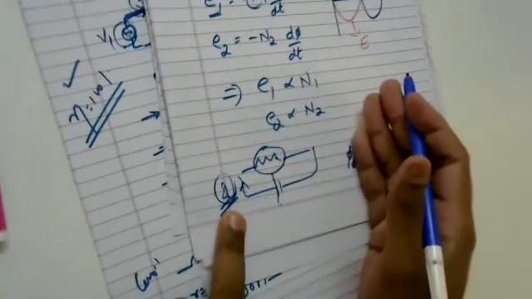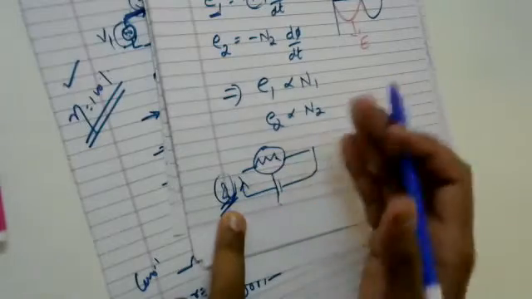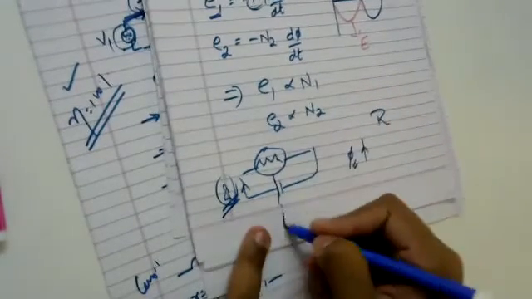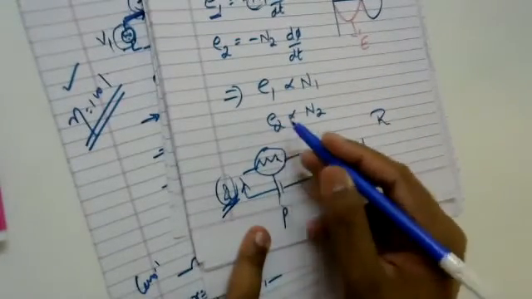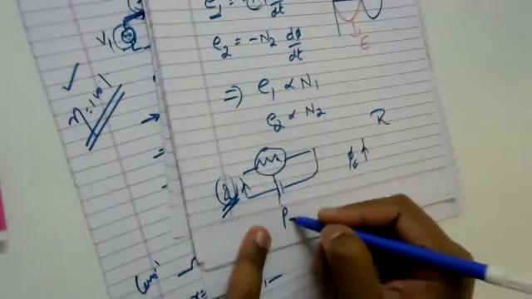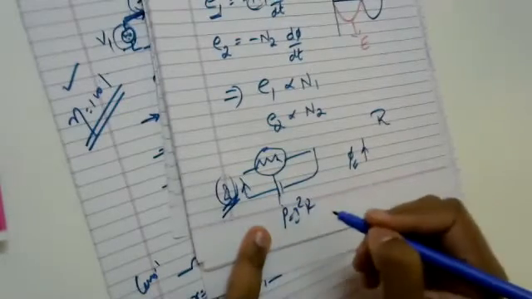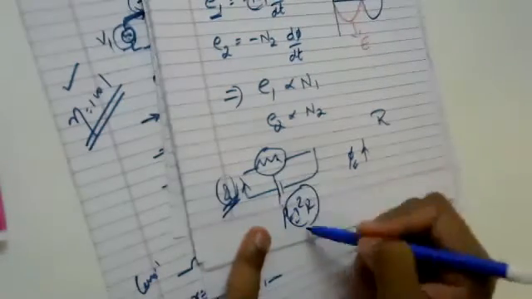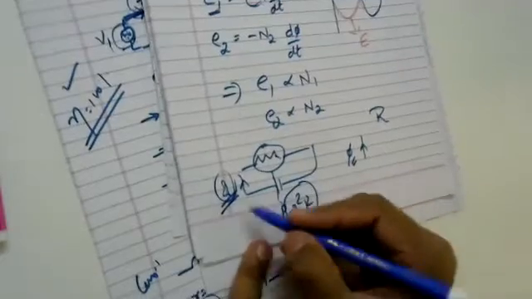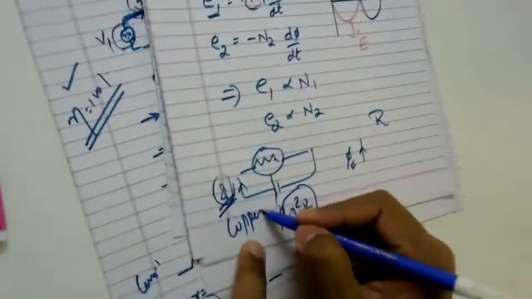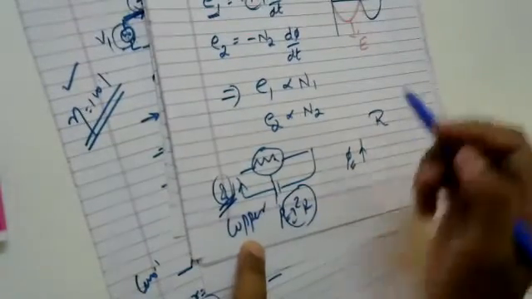Now, as this current I flows through this resistance, what happens? There occurs a loss, in terms of heat. The power being dissipated by this component is given by I squared R. This we call copper loss. Understood?